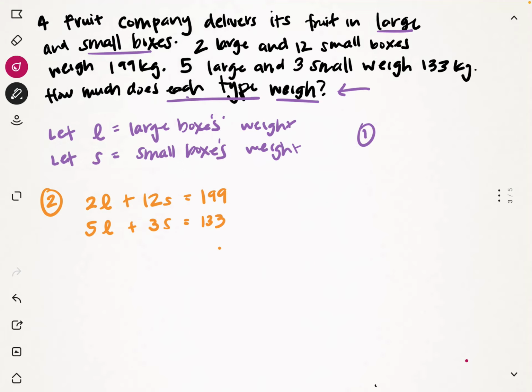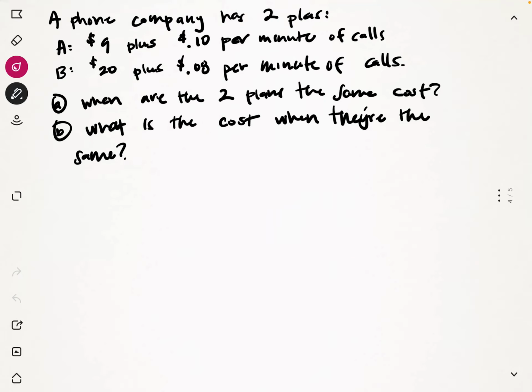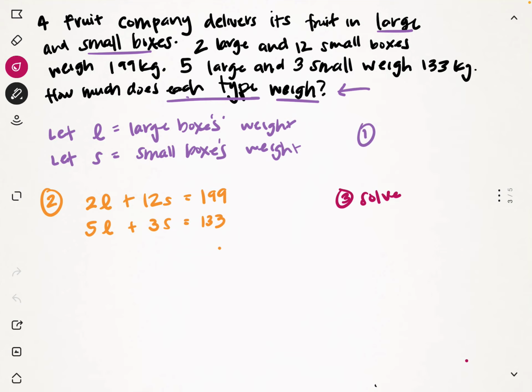Okay, that's step 2. Step 3, we're going to solve, right? So we have to decide which way we're going to solve. Notice that in this case, all our L's, S's, equal signs, and constants line up, and we don't have just y equals or x equals. So we're going to solve this using elimination. This is a little trickier one, but if you do this correctly, we can do this one by only changing one of the equations.